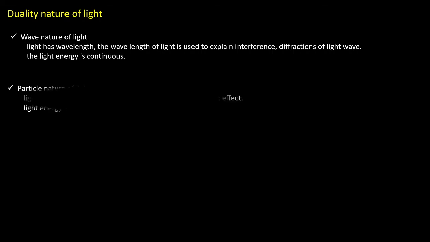But the particle nature of light is used to explain the photoelectric effect, where the light energy is quantized and in discrete order, where we call the light energy a photon, with a multiple of HF. It comes in a packet. It is not continuous. So this is the difference between the wave nature and particle nature of light.